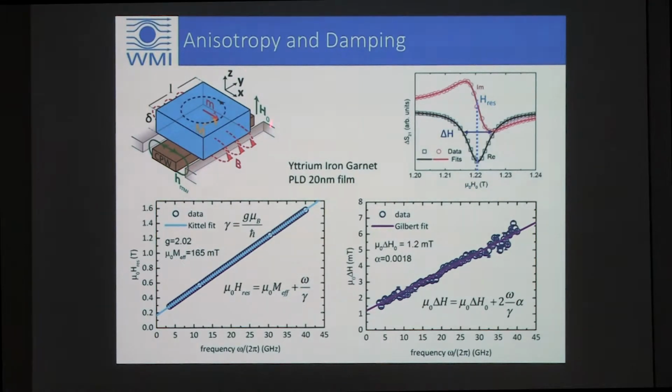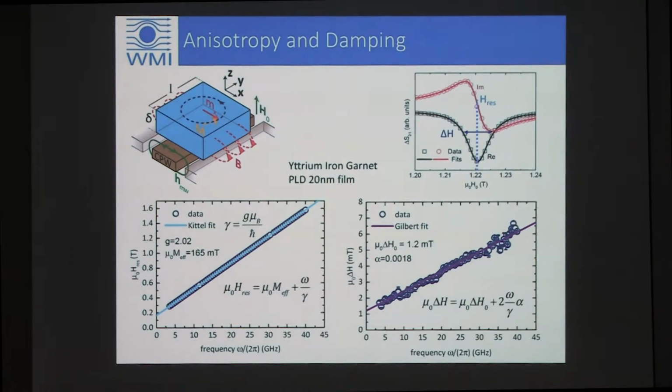We apply the external magnetic field for a thin film sample along the z direction here, and you measure the resonance field and the line width, which you extract from the fits to your data. They both scale linearly, as one would expect from the Kittel equation and the Gilbert damping respectively. So it's a powerful tool that we use for sample characterization.